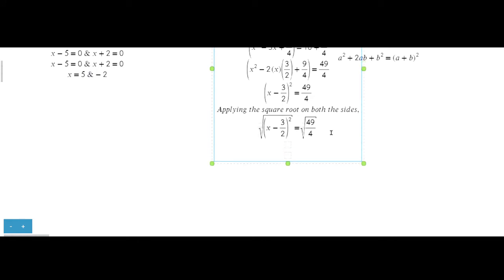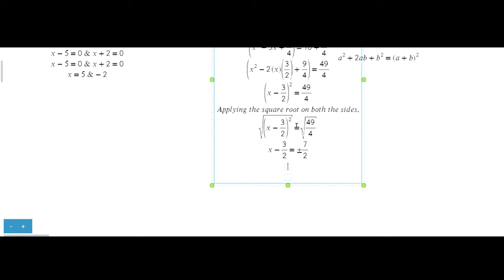So now this square root will be eliminated because the square sign is available here, and this number 49 by 4 can be written outside the square root sign as plus or minus. The root of 49 is 7 and the root of 4 is 2, plus or minus.